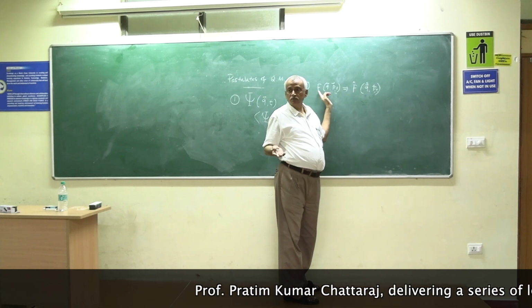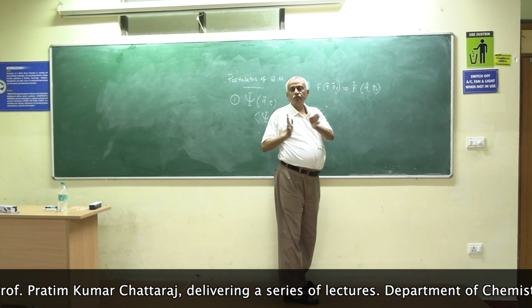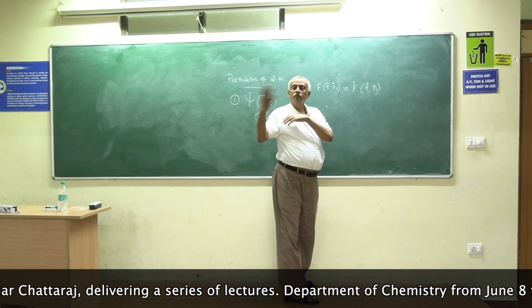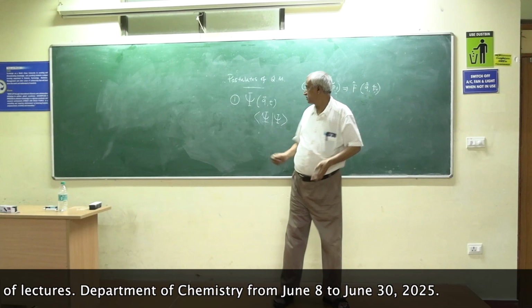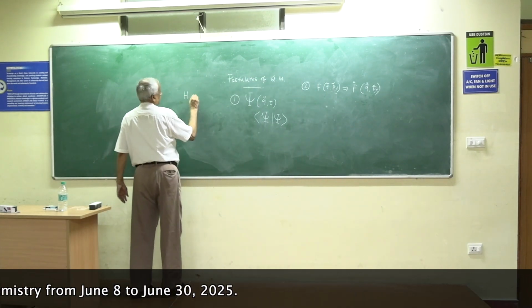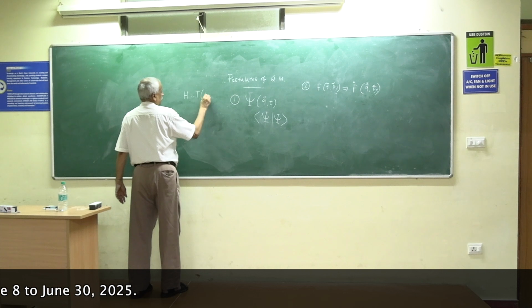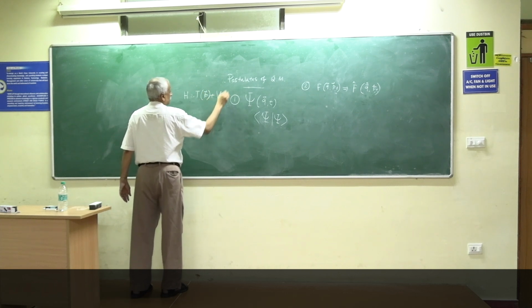Now here you know the functional forms. You get the corresponding functional form and put the operator forms of x, p and t, and that will give you the operator form of that particular dynamical observable. Suppose you have the Hamiltonian as kinetic energy, which is a function of momentum, plus the potential energy, which is a function of position.